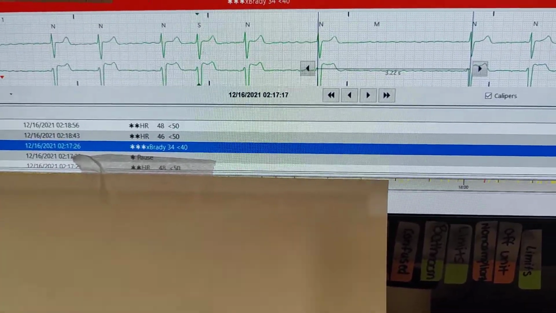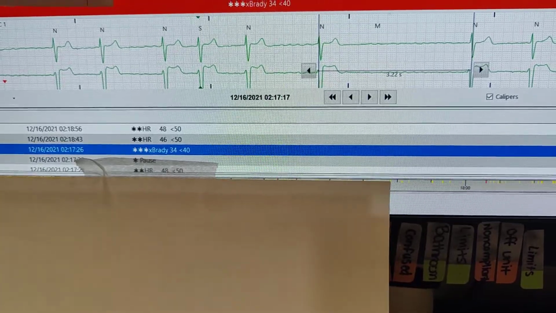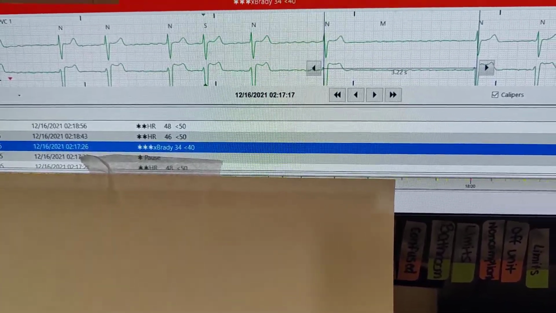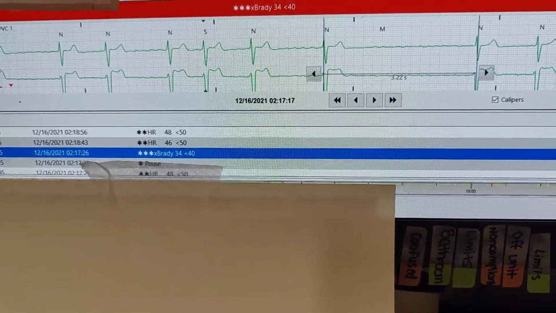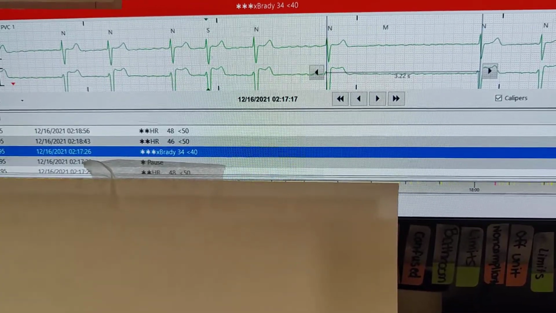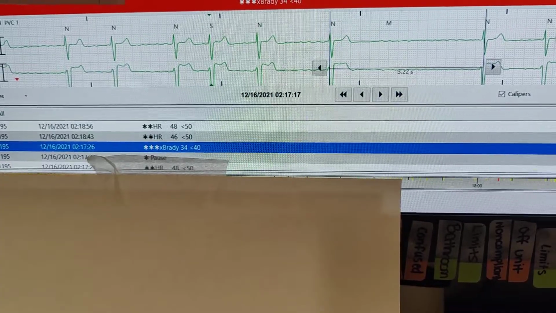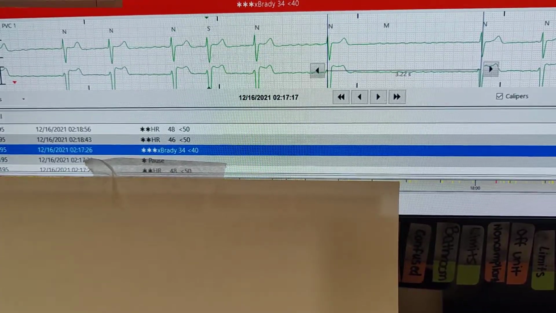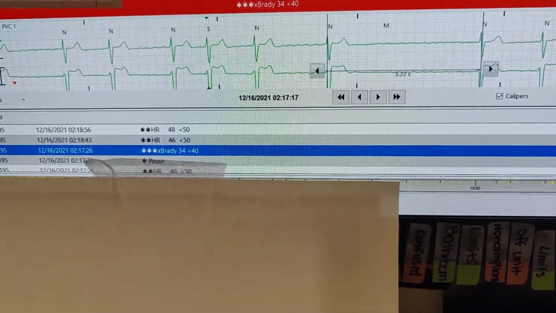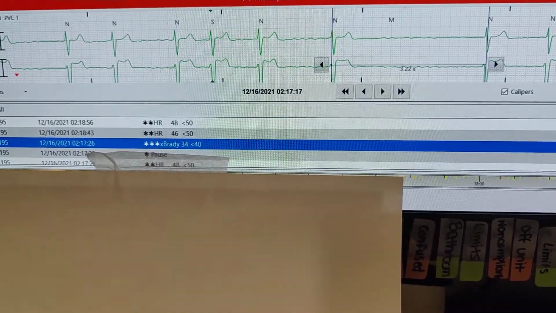Now, what is a compensatory pause? A compensatory pause is a result of an ectopic impulse that fails to enter into the SA node. Pauses are normal, as I mentioned, in atrial fib up to 4 seconds, and abnormal when they're more than 4 seconds.